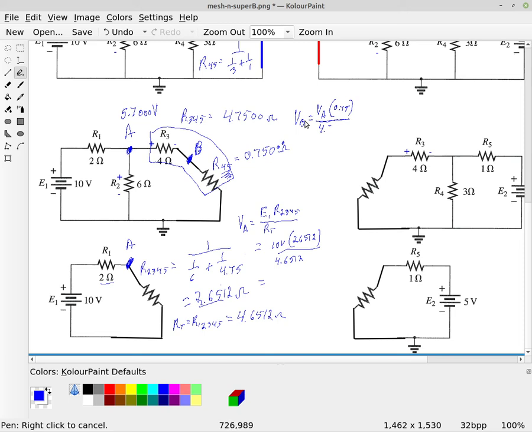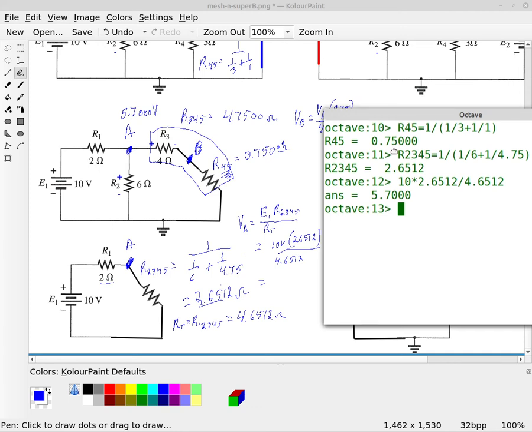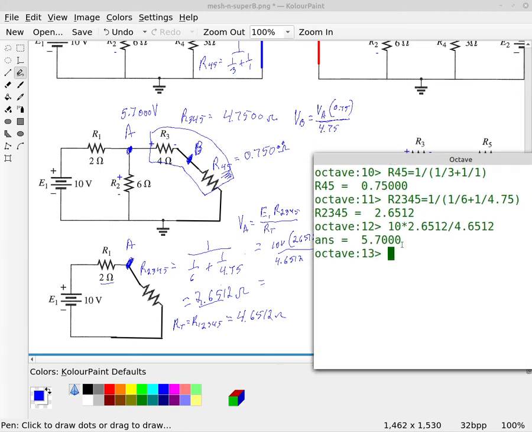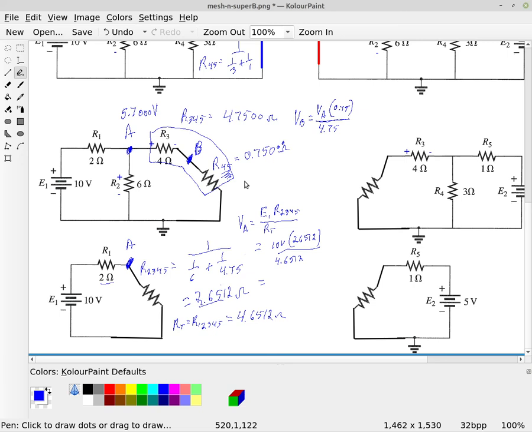So VB is equal to VA times 0.75 divided by 4.75, which is 0.9. So VB is 0.9.